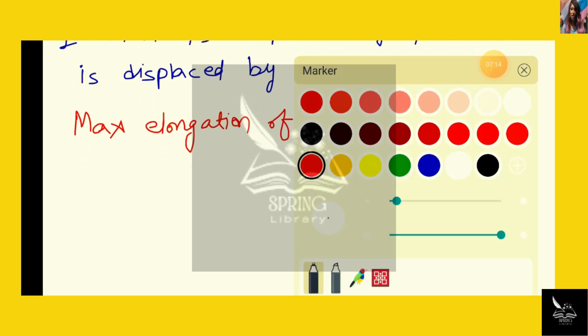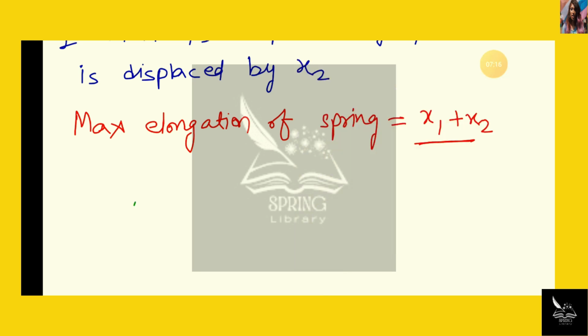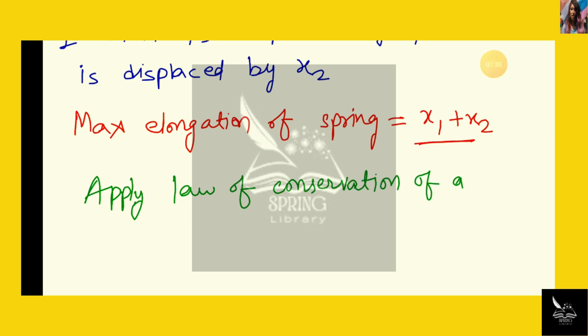For finding this I will use the law of conservation of energy. After applying this law, the next step is that the work done by the blocks will be equal to the energy stored in the spring.